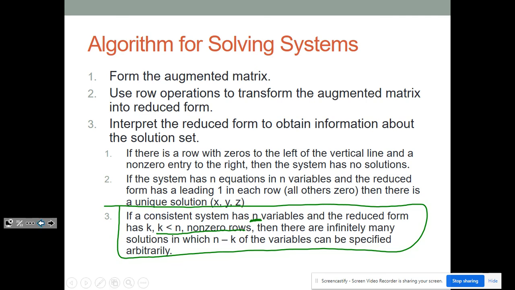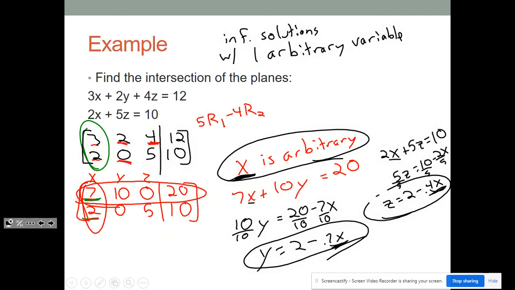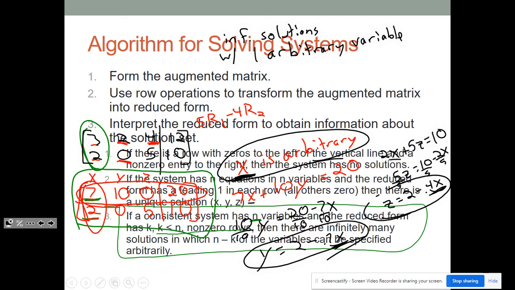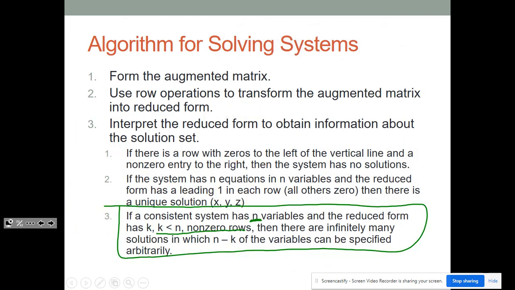All right, so like this last one, I had fewer rows, so when I simplified it down, I had 2 rows, but I still had 3 variables, okay? So fewer rows than variables, that's where we say we have infinite solutions, and basically the difference between the rows and the variables, that's how many arbitrary you have, okay?